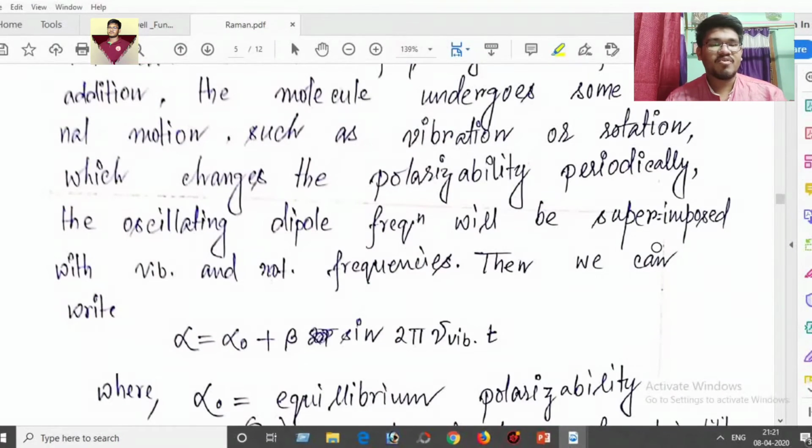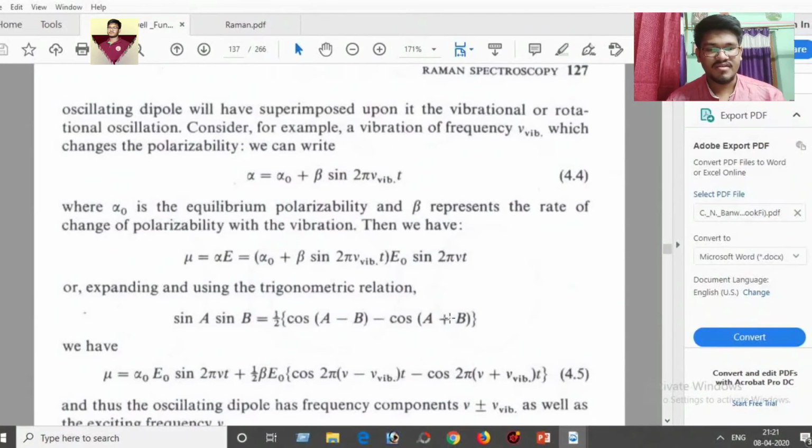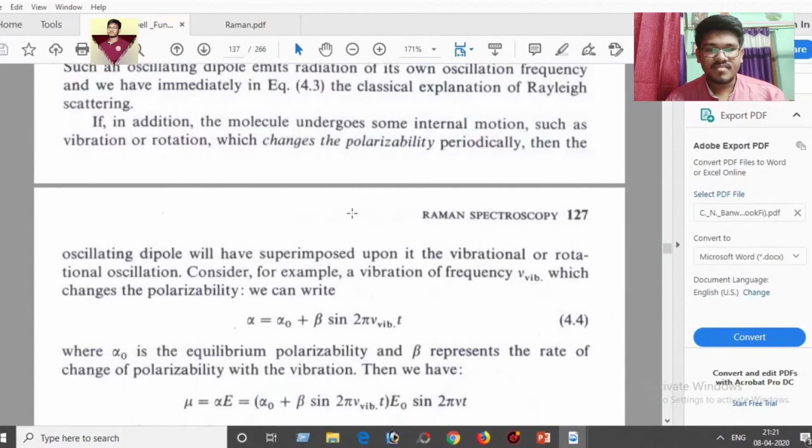Now what happens other than oscillating with the same frequency? Let me refer to Banwell, which will be easier and more detailed. So this write-up is from Banwell. If in addition the molecule undergoes some internal motion, such as vibration or rotation, which changes the polarizability periodically, then the oscillating dipole has a vibrational or rotational oscillation superimposed upon it.